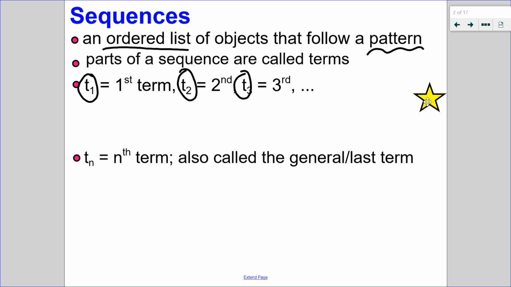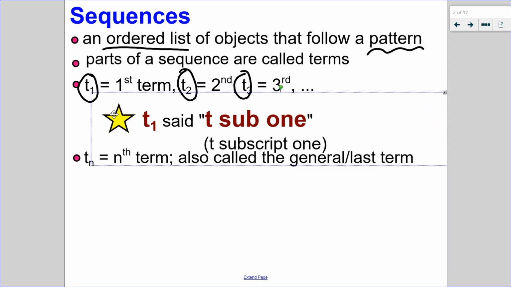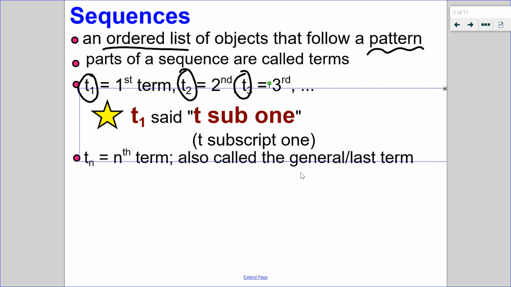The way that we say these term numbers is T sub 1 and T sub 2, etc., because they are subscripts. So Tn, or T sub n, is the nth term, which is the term in general or the last term in the sequence. If I say last term, that implies that the sequence has n terms.